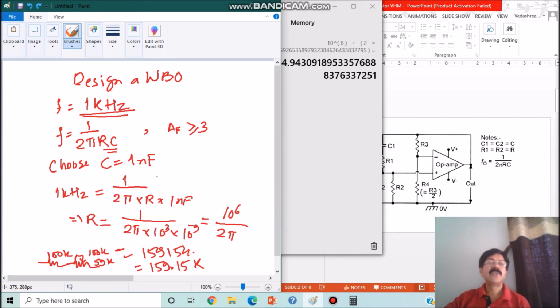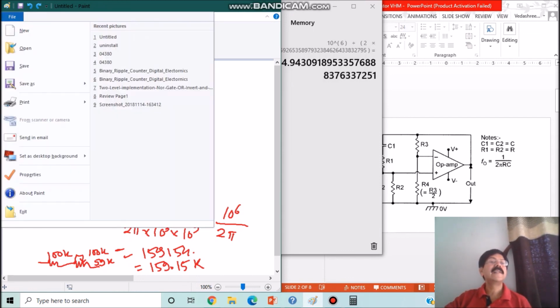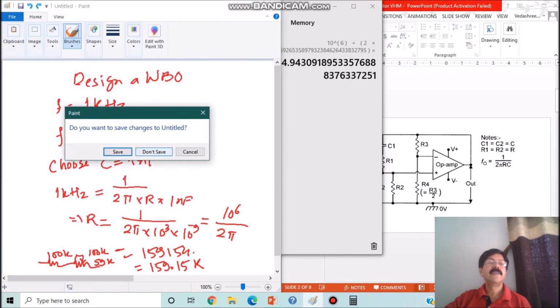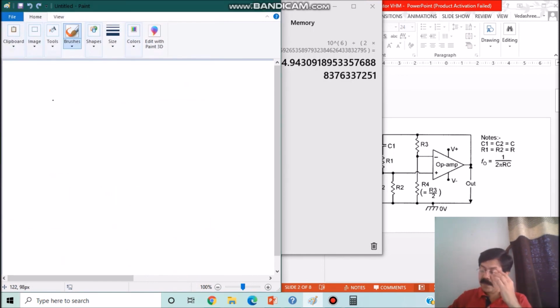We require the values of R3 and R4, which we can get from the closed loop gain condition, and this is possible. Now our AF we want to maintain as 3, so we have 1 plus RF upon R1 equal to 3.